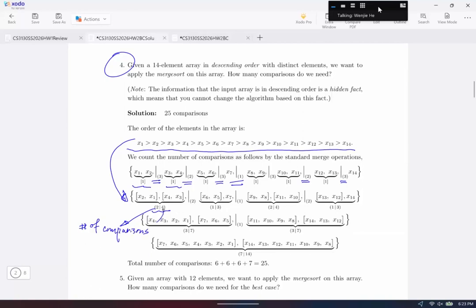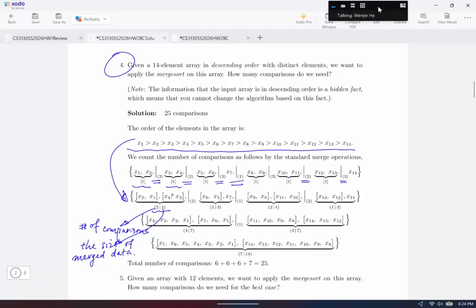The second number tells us the size of the merged data. 4 elements total, 2 comparisons.